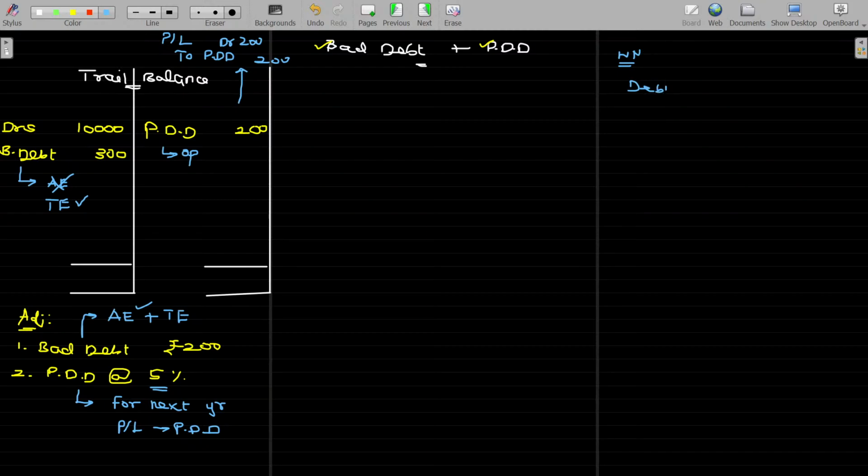Debtors: how much are the debtors here? 10,000 rupees. Minus bad debt given in the adjustment, because we have to pass the journal entry for the bad debt. What is the journal entry here? Entry for bad debt.